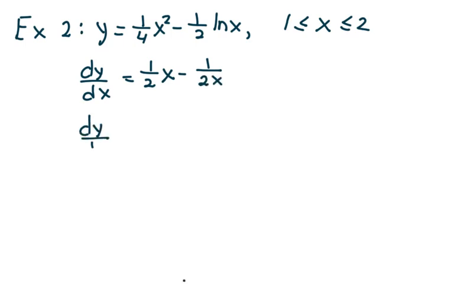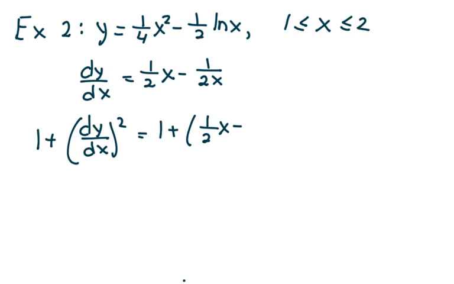So (dy/dx) squared plus 1 is 1 plus (1/2 x minus 1/(2x)) squared, which is 1 plus.